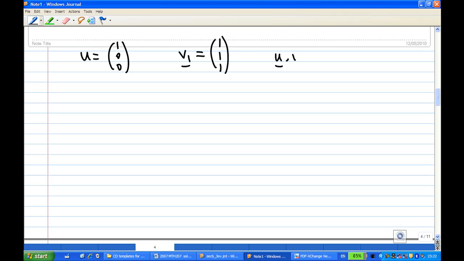So U dot V1 will be equal to, based on the calculation, 1 times 1, you get 1, plus 0 times 1, you get 0, and 0 times 1, you get 0 again. And so U dot V1 is 1. How about V1 dot V1?